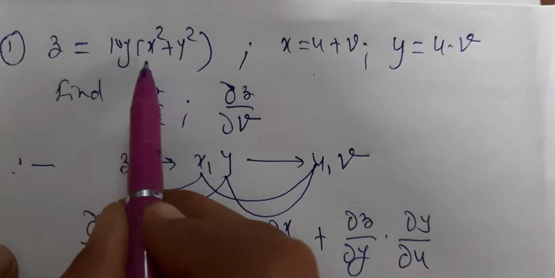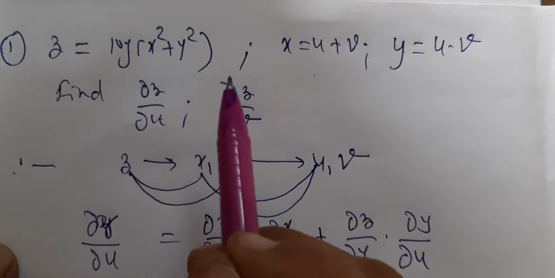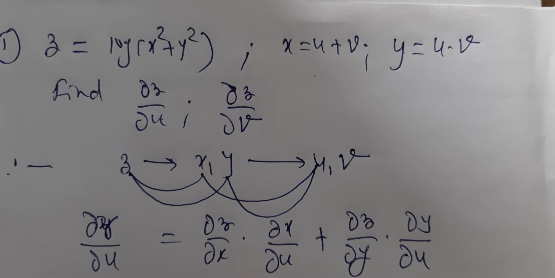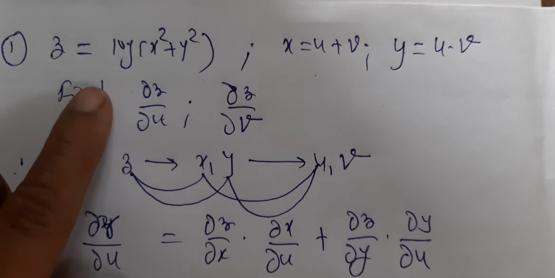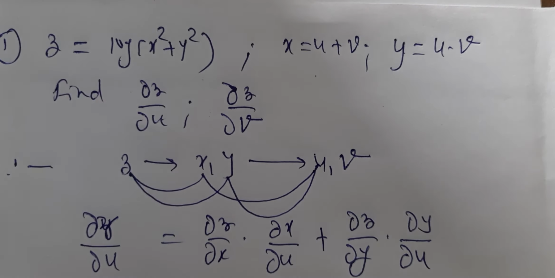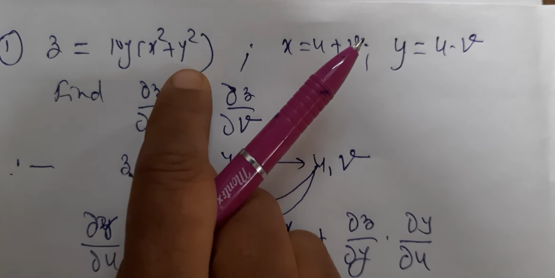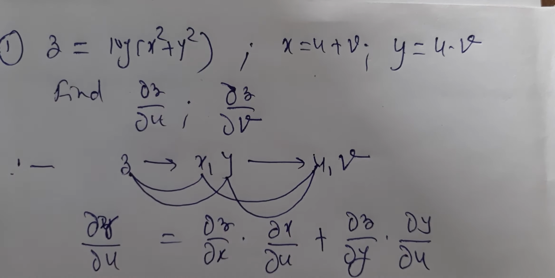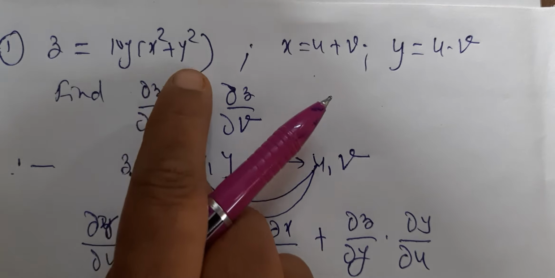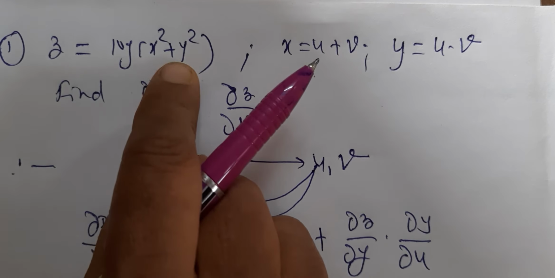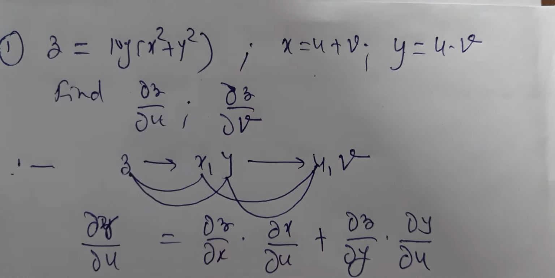Now remember, for ∂z/∂x, give a few seconds and think first about which is constant and which is varying, so you will avoid mistakes. You are finding the derivative with respect to x and you can see this is a function of x and y. So obviously y is a constant. Keeping y constant, the derivative of log of x square plus y square, everyone knows, is 1 upon x square plus y square into the derivative of this with respect to x, which is 2x.